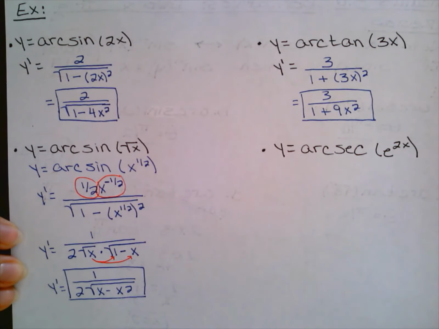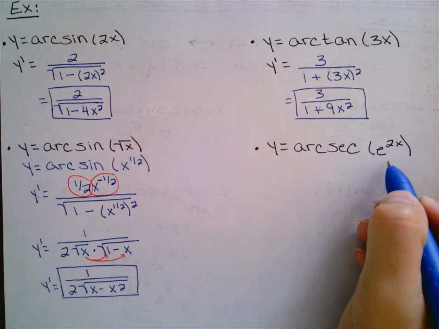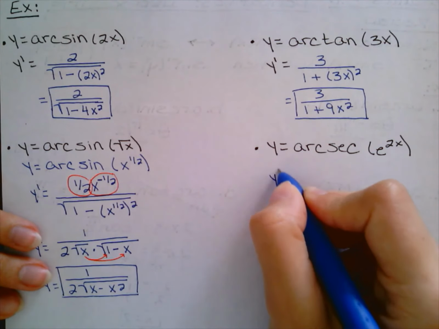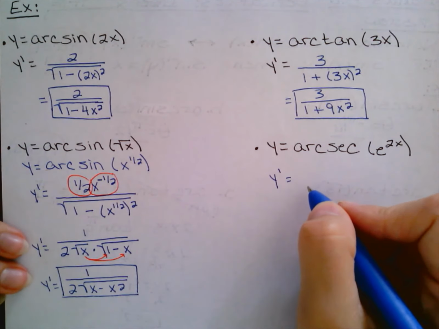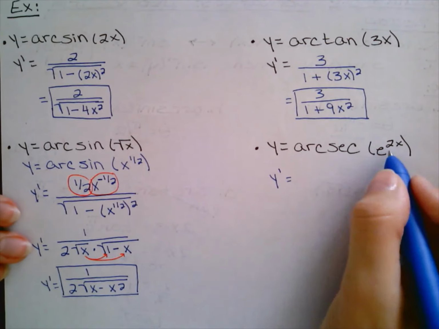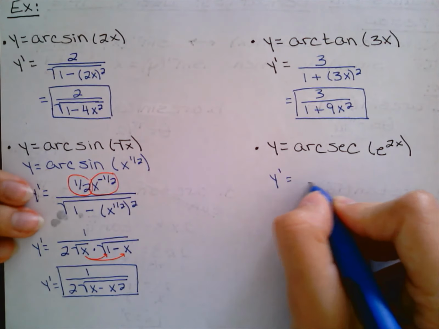All right, now for our last one, arc secant, okay? My u function is an e raised to 2x. So first is same numerator as always, okay? We have derivative of this function. This is an e function, so now you have multiple rules happening at once, okay?